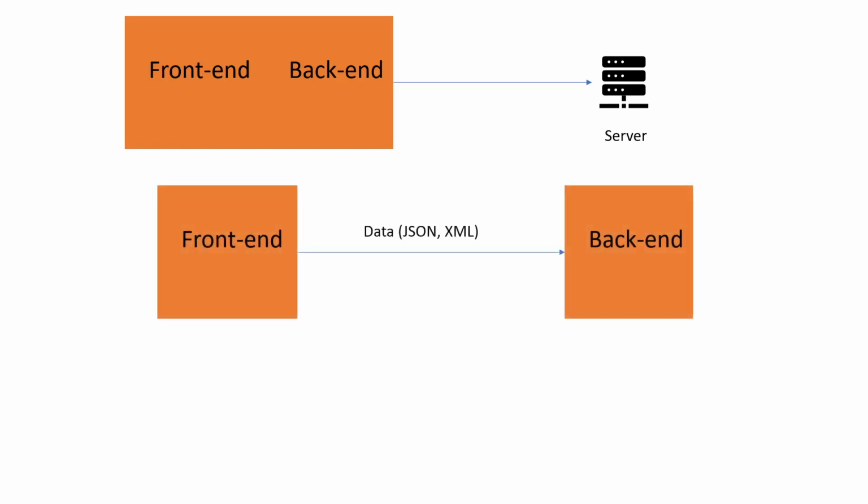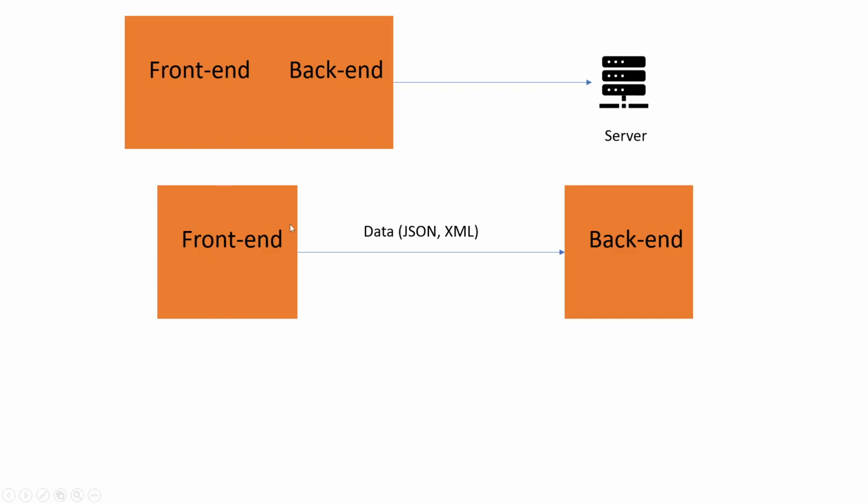Now, how applications are usually built today is that the front end is separate from the back end. So we have the front end, which is built in whatever language you want: JavaScript, the React library, the Angular framework, and so on. And you have the backend, also in whatever language you want: Java, PHP, Python, and so on.